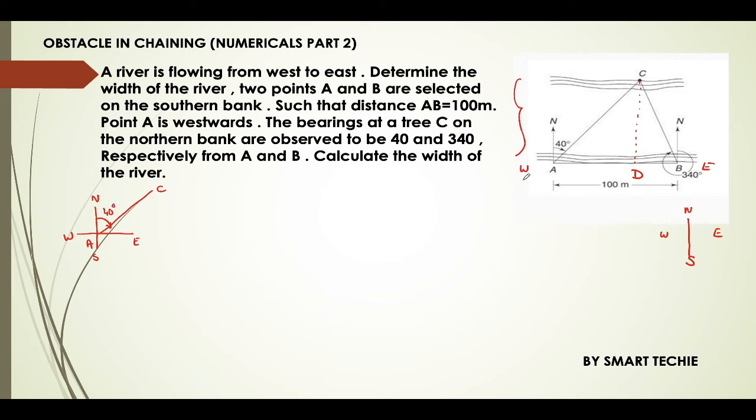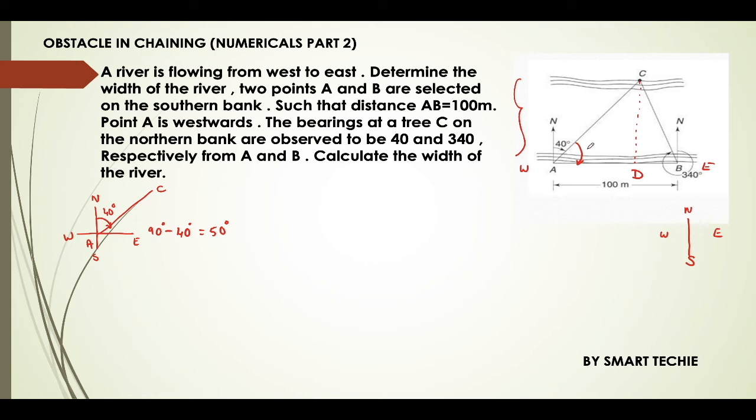But what we require is angle A, that is CAB. We need to find this angle. Here the total angle is 90 degrees, so when we deduct this bearing from the total angle, we get angle CAB as 50 degrees.